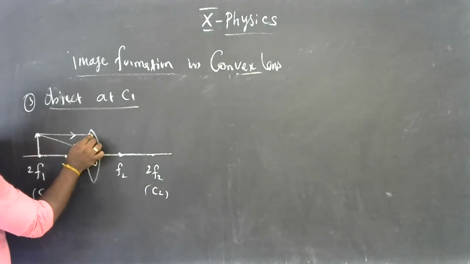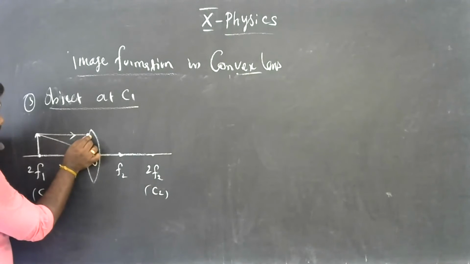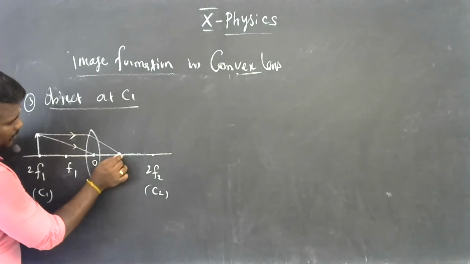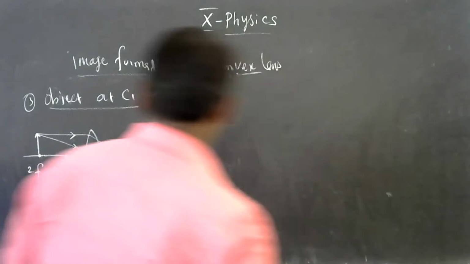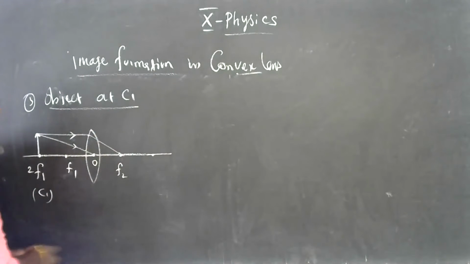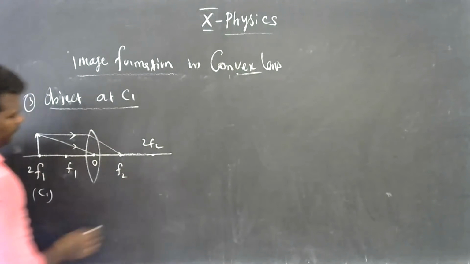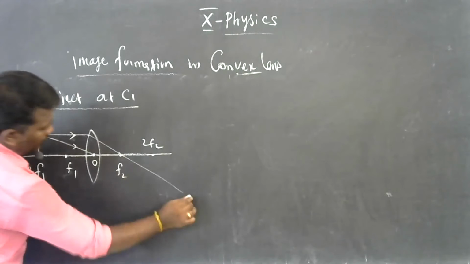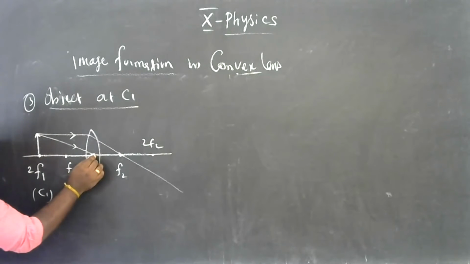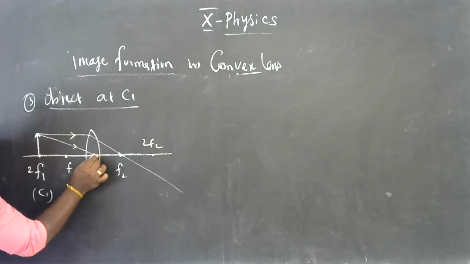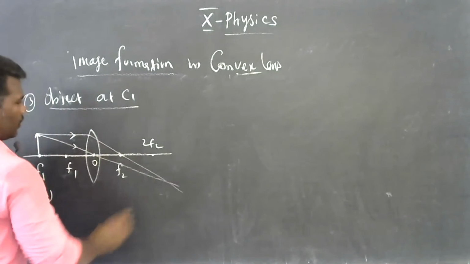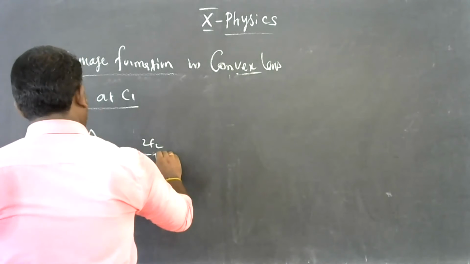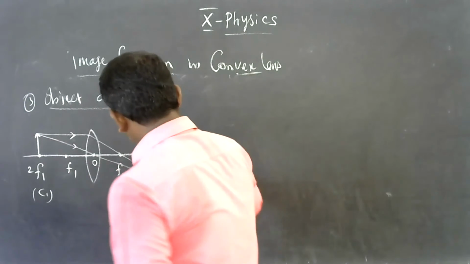In this case the parallel ray definitely passes through the principal axis. Later you mark 2F2 here. And this ray which is passing through the optical center has no deviation. So the image will be formed at the point 2F2.